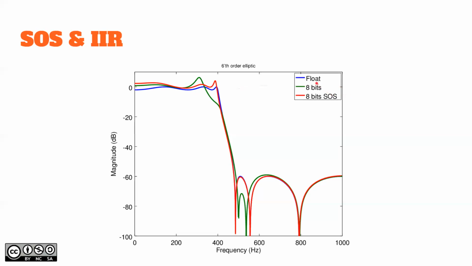Then we have 8 bits, which gives us that funny looking passband, which doesn't look like the filter we are looking for anymore, but breaking into second order systems, this error here is practically just the gain of the system. The overall gain of the passband has changed a bit.